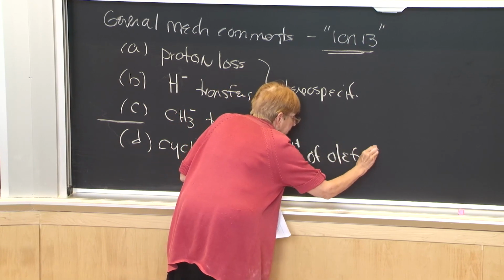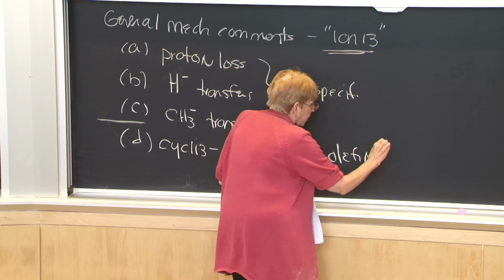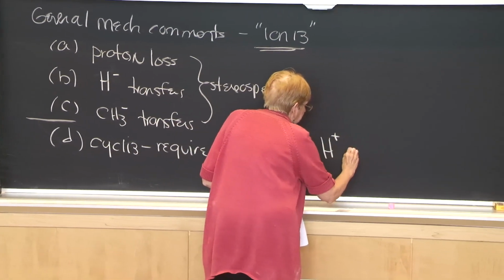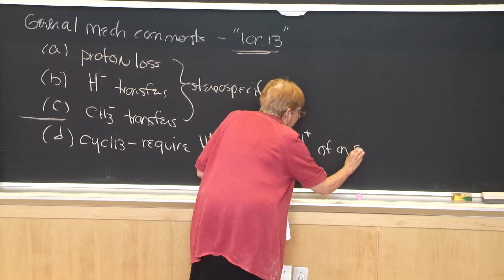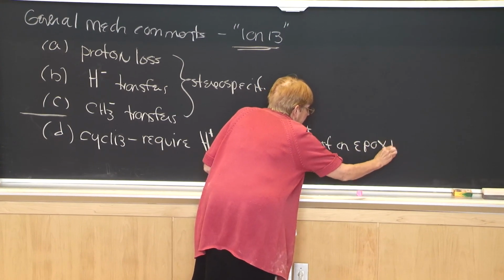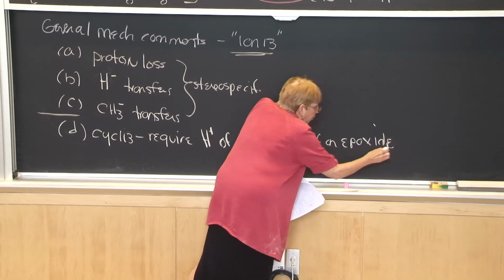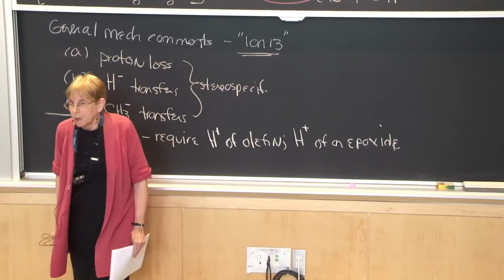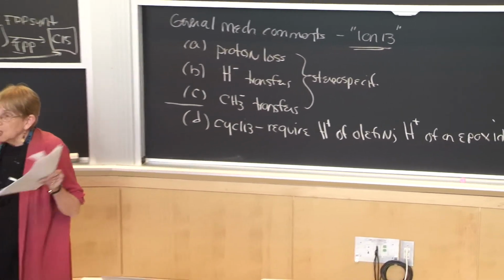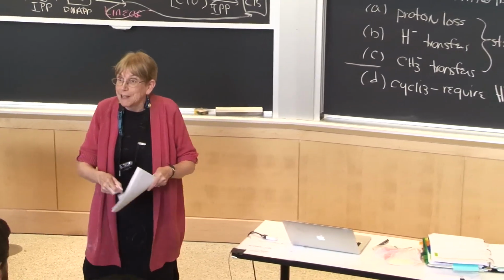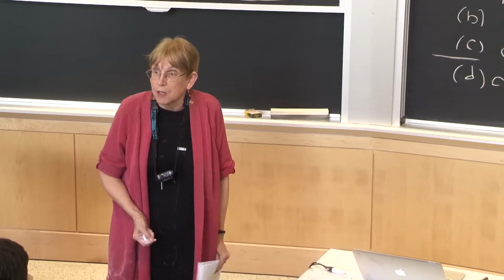I'll give you an example of that. Or protonation of an epoxide. So in some way, you're going to have to do some more chemistry to get your olefin. Everybody know what an epoxide is? Okay, so we're converting an olefin into an epoxide. We're going to protonate it, and then we're going to do cyclizations.